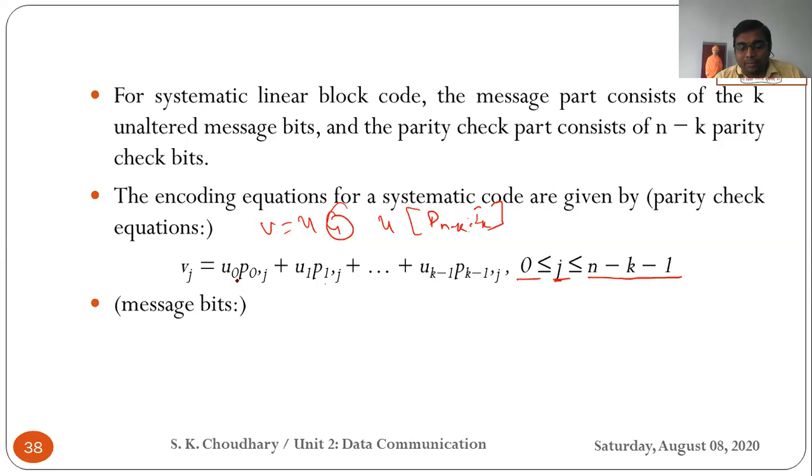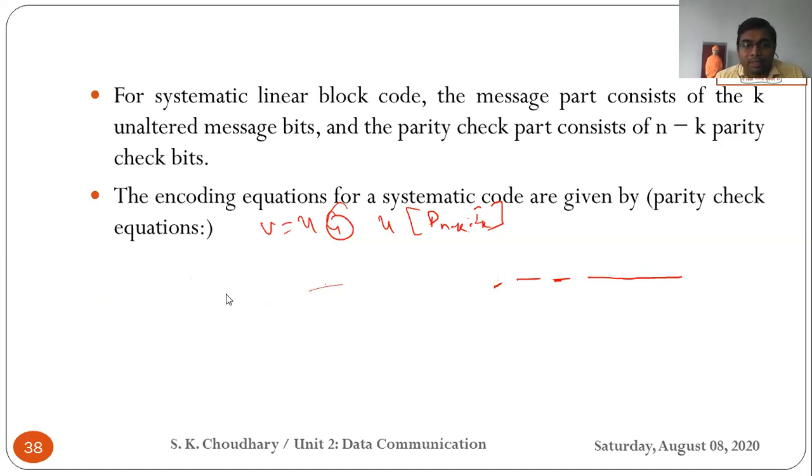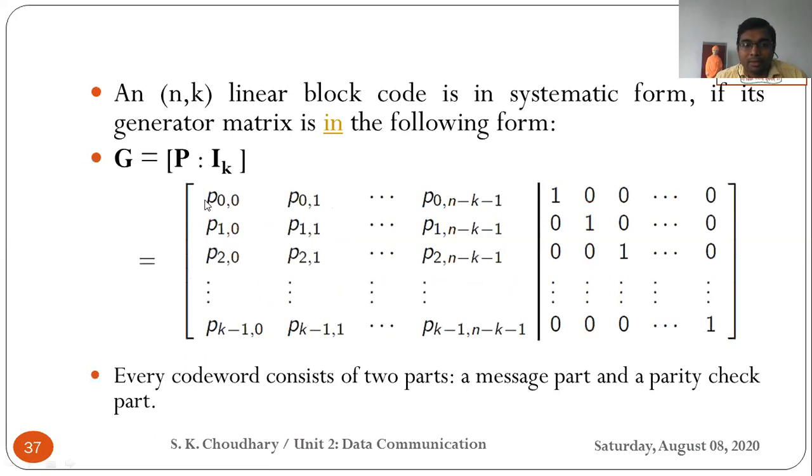So it starts from U0 up to the kth bit of the message, and it starts from the parity from 0 to the kth bit of the parity matrix, and j remains the same here. It is any particular bit. If you want to correlate with the previous representation, Vj could be any bit number.